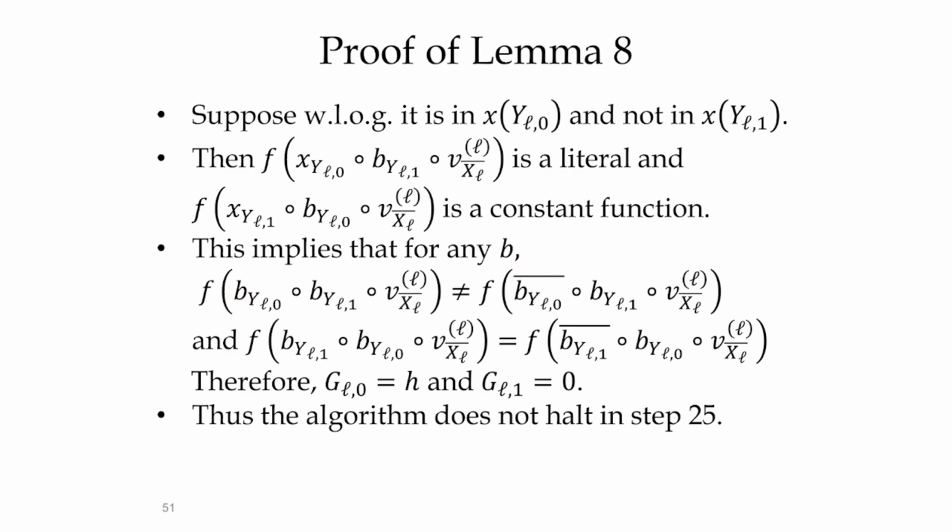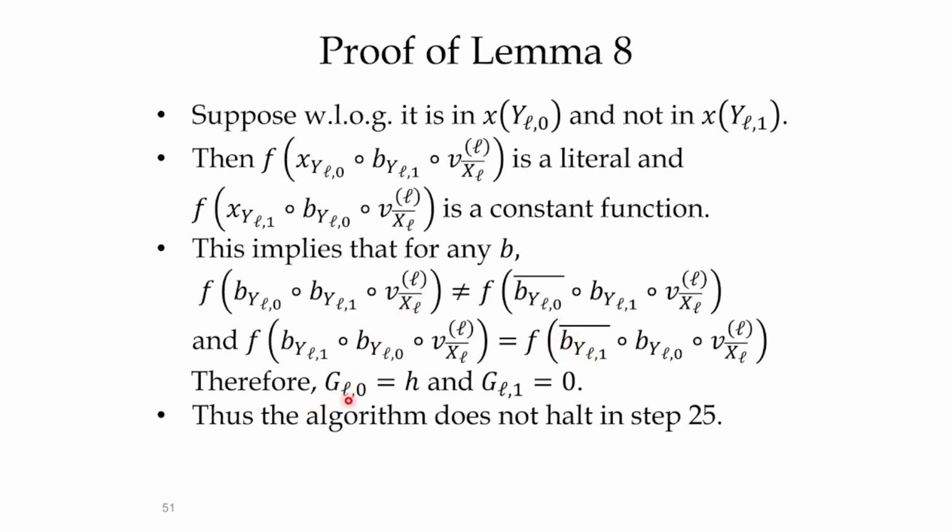f of B subscript capital Y L0 concatenation B subscript capital Y L1 concatenation V subscript capital X L bar powered by L is not equal to f of B subscript capital Y L0 bar concatenation B subscript capital Y L1 concatenation V subscript capital X L bar powered by L. And f of B subscript Y L1 concatenation B capital Y L0 concatenation V subscript capital X L bar powered by L is equal to the same thing basically, but with B subscript Y L1 bar.